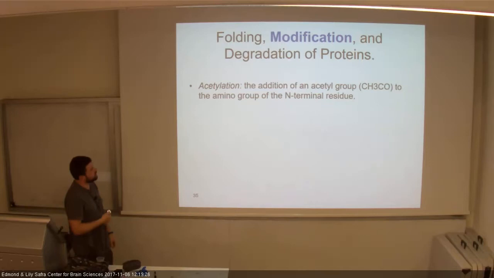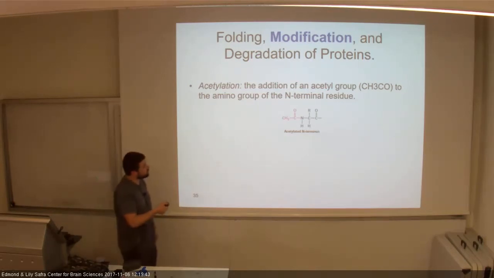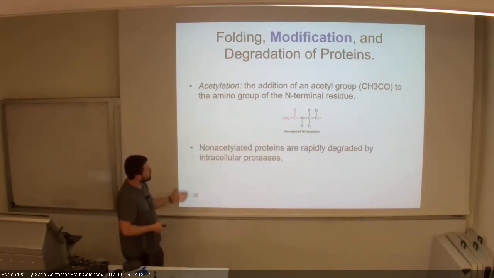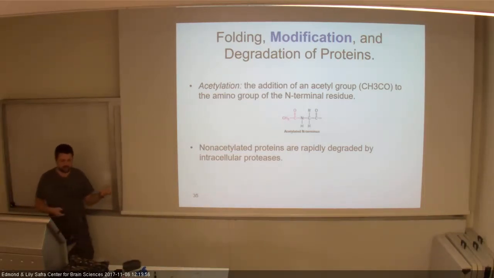And this is just a few examples of very common modifications. The most common one is acetylation, which is basically adding an acetyl group, which is CH3CO, to the N-terminus of the protein. For example, proteins that are non-acetylated will be rapidly degraded by the cell.